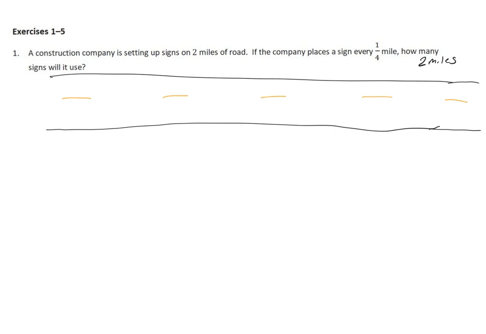So we can multiply 4 times 2 because there are 4 holes in every mile, and we have 2 miles. So if we do 4 times 2, we get 8. So if we put a sign every 1/4 of a mile, we would have 8 signs.